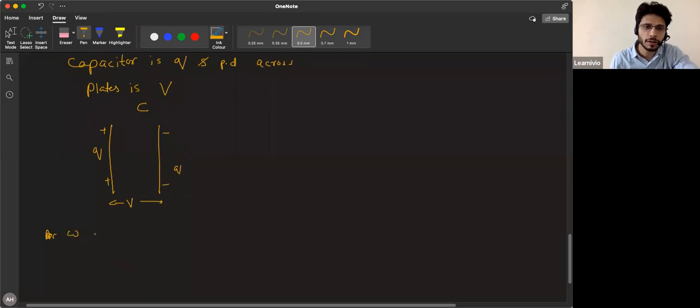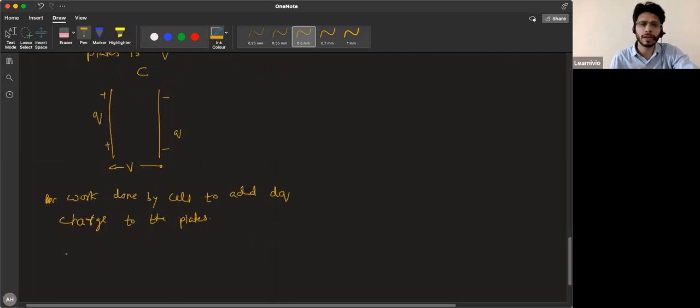I need work done by the cell to add some very small dq charge to the plates.